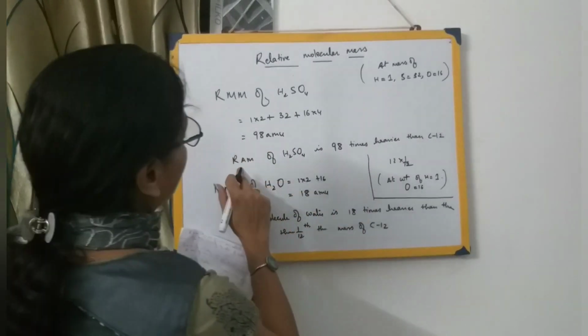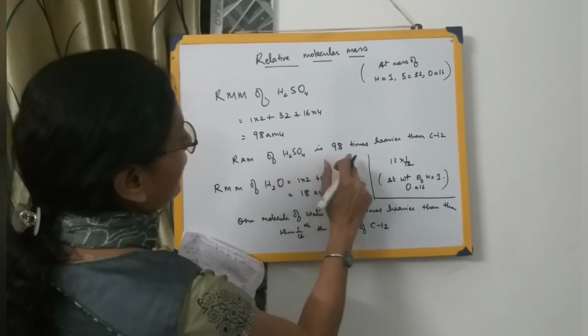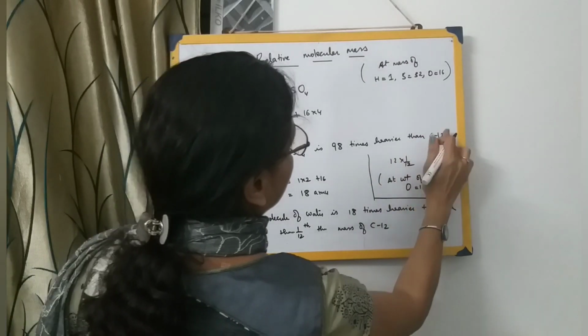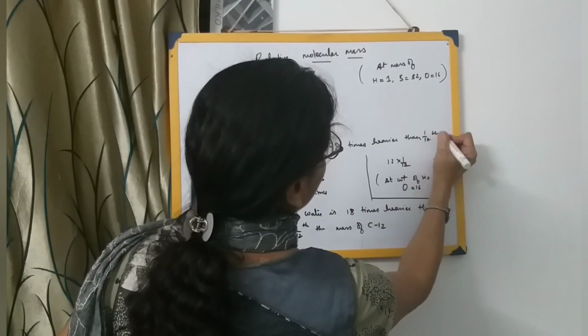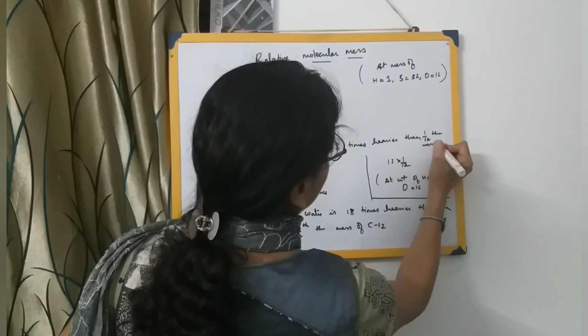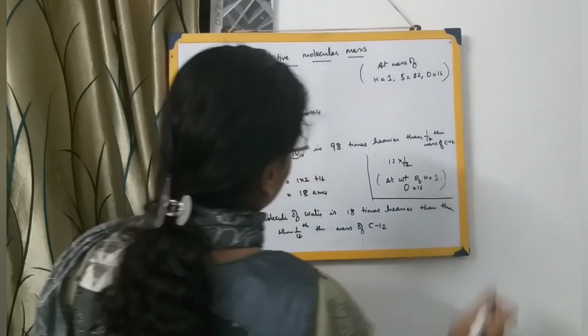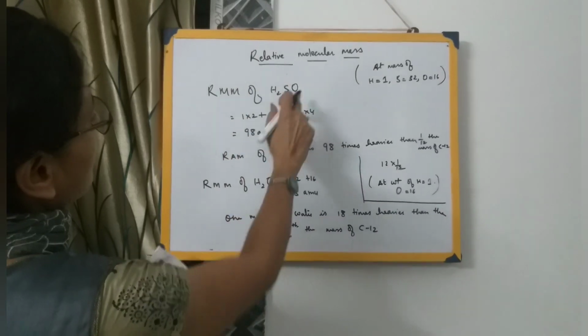This is also true for sulfuric acid: 98 times heavier than 1 by 12th the mass of carbon 12. I repeat once again, the relative molecular mass of sulfuric acid.